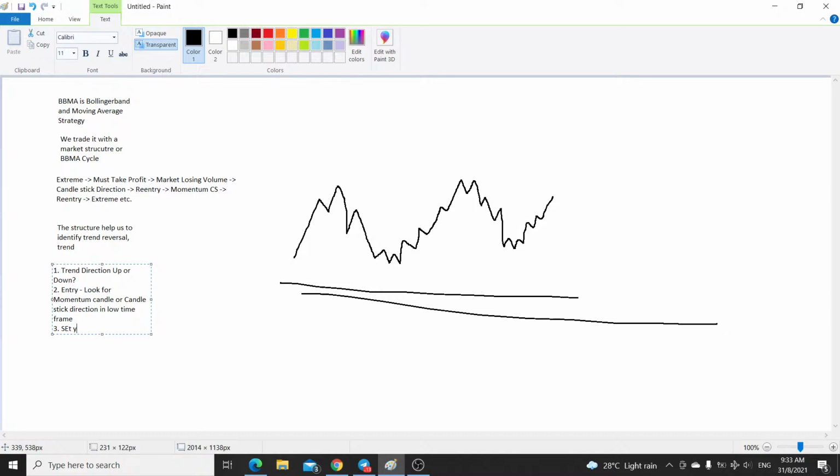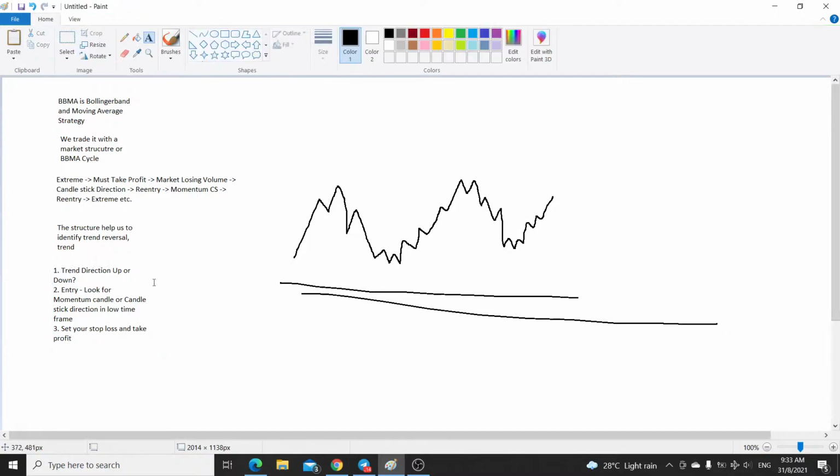Then just set your stop loss and trade it and take profit. Okay, so using market structure, we can identify trend reversal, up or down. Then after that, we go low time frame, look for momentum candlestick, or candlestick direction, and then we trade in that direction of higher time frame. Okay, so we set a stop loss, break even. That's it.